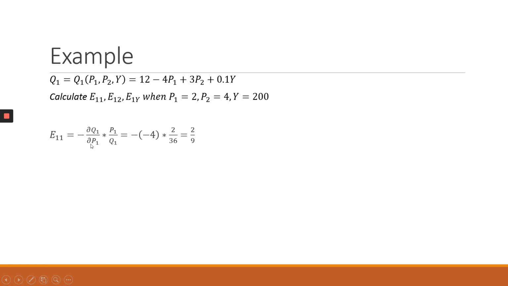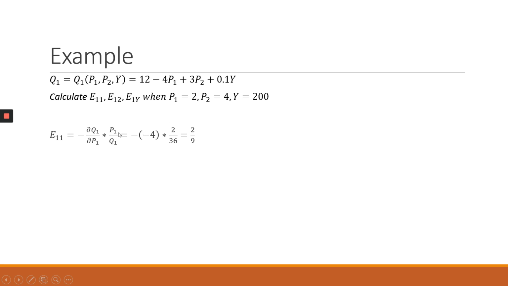we are going to get the change in Q1 over change in P1 multiplied by P1 over Q1, right? So we are getting partial derivatives of the Q1 function with respect to P1, right? It's a linear function, so all the other elements will be behaving like constants. And the only part that we are differentiating is where we have minus 4P1, right?